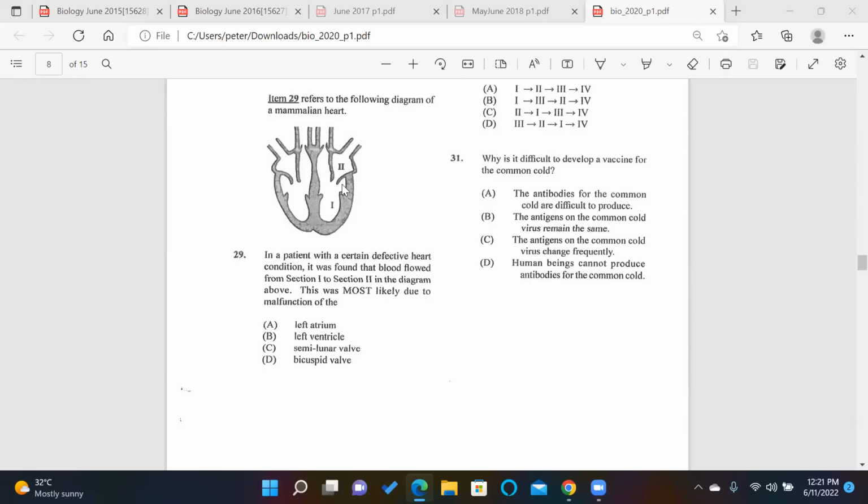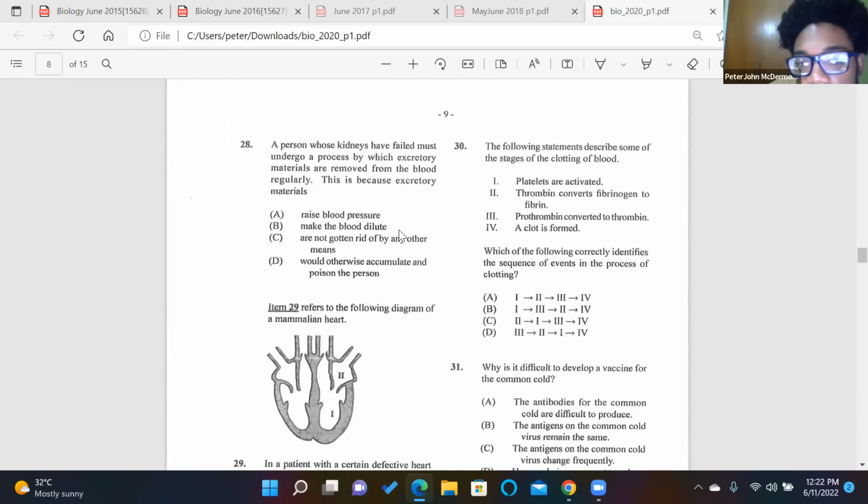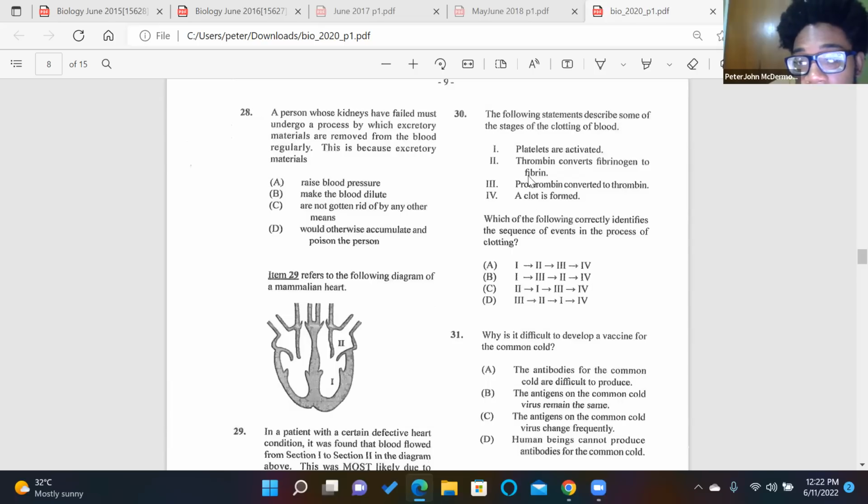That's the left. Yeah, you flip it. So this is the left. Mitral, so which valve are we dealing with here? Bicuspid or semilunar? D. Perfect. Write that down, by the way.